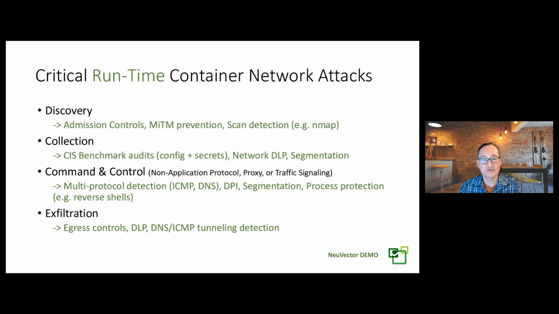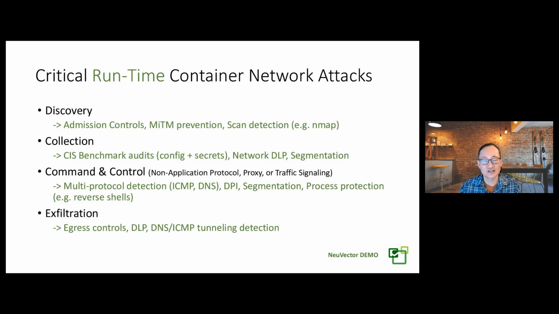With discovery, you can use admission controls, man-in-the-middle attack prevention, and scan detection, as I talked about, Nmap scan detection, to make sure that discovery activities are not occurring. The man-in-the-middle prevention also applies not just to your application containers, but also to the vulnerability of the Kube API server that we talked about. NeuVector can detect those man-in-the-middle types of attacks.